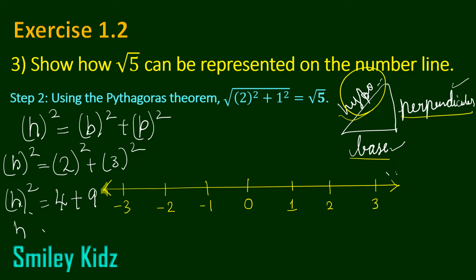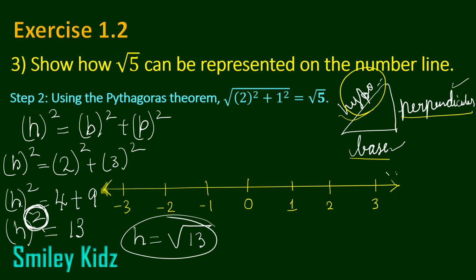Now hypotenuse square is equal to, what is 4 plus 9? It is equal to 13. Now when the square goes to the other side, it becomes root. So then it will be equal to root 13. But we are not considering root 13. We are considering root 5. That is, we need the value of root 5 and not root 13. So 2 and 3 are the wrong ones.